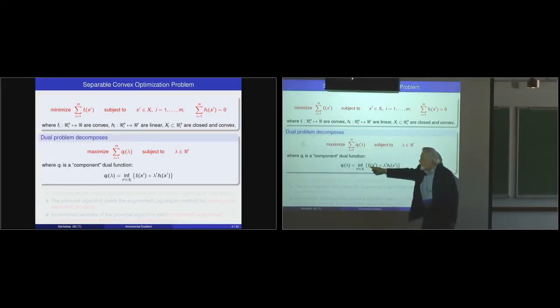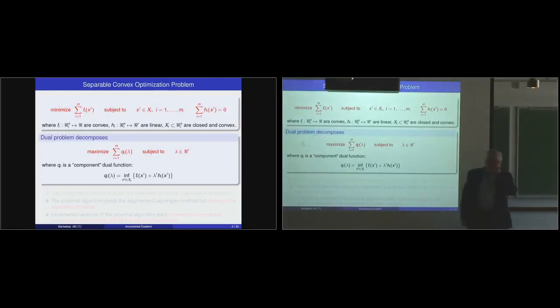And each component dual function is obtained by minimization of the Lagrangian associated with the ith component of the cost. So in many applications, this xi is one-dimensional. This minimization is trivial, can be done in closed form, can be done very easily. So calculation of this qi is very simple. Calculation of its gradient also turns out to be simple. And the dual problem has this decomposition property of maximizing the sum of these components subject to no constraints in this particular case.